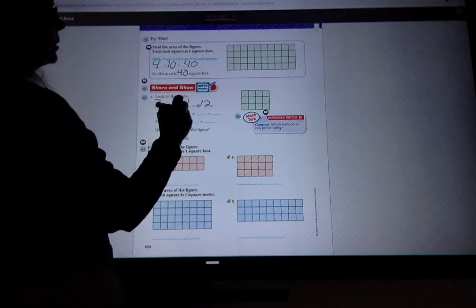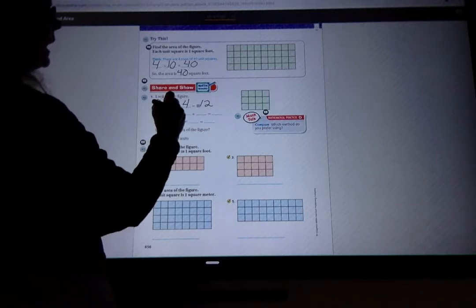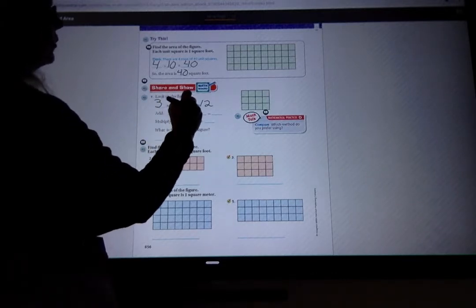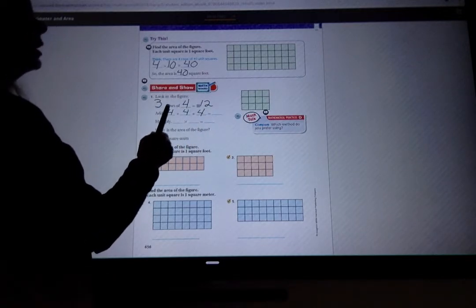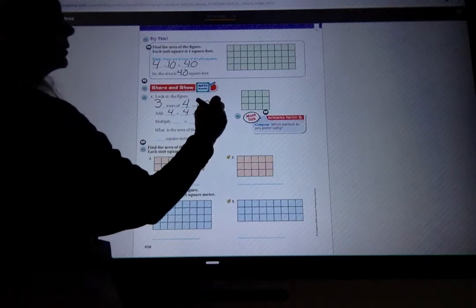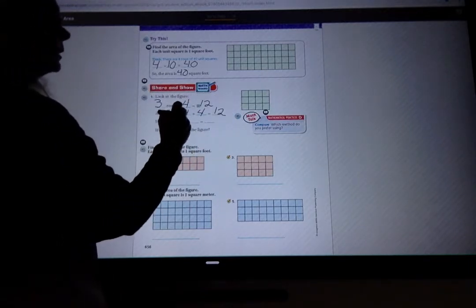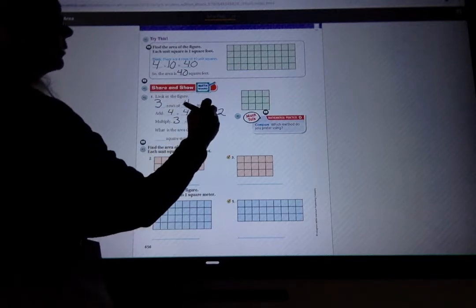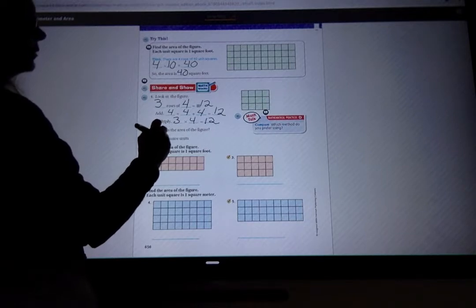Oops, we have 3 rows, 1, 2, 3, so we're going to add 4 plus 4 plus 4. Let's count by 4s. 4, 8, 12. Okay, and we already multiplied. 3 times 4 is 12. What is the area of the figure? 12 square units.